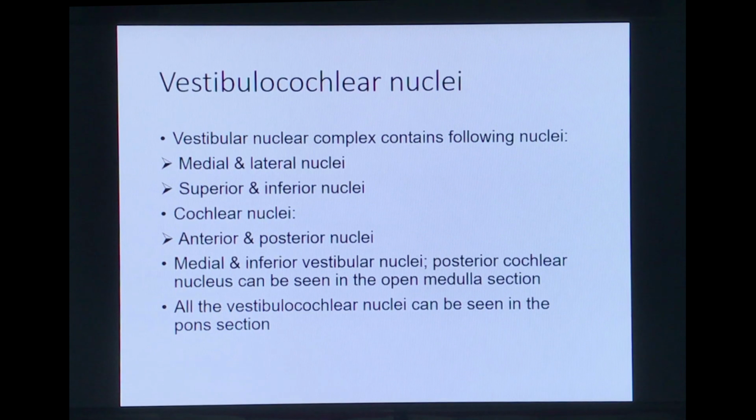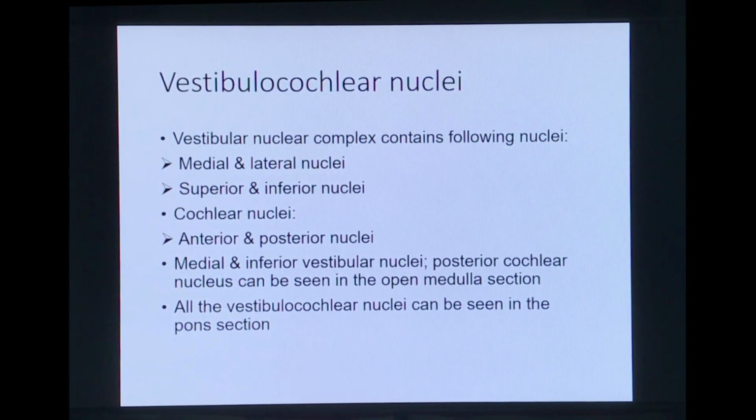The vestibular nerve mainly carries the sensation of balance and head movement from the semicircular canal, utricle and saccule in the internal ear. That sensation travels through the vestibular nerve and relays in the vestibular nuclei.